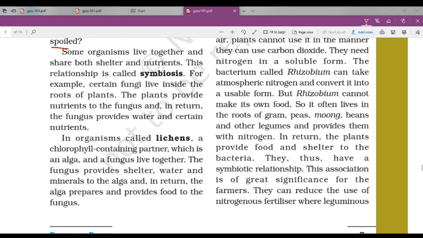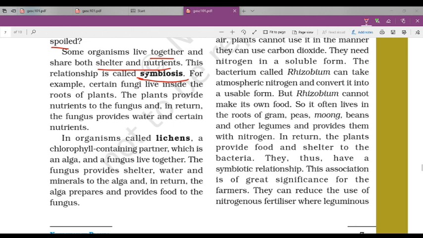Some organisms live together and share both shelter and nutrients. In the world, there are some organisms which have a special type of mutual living relationship, and this type of living relationship is called symbiosis.